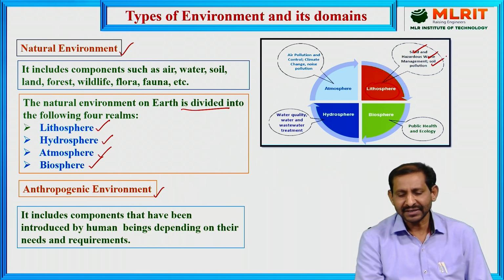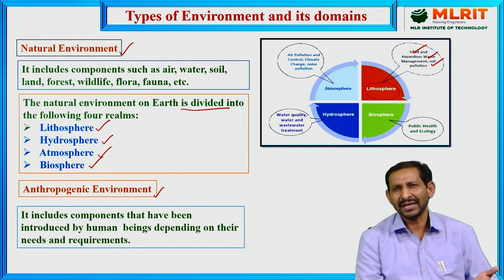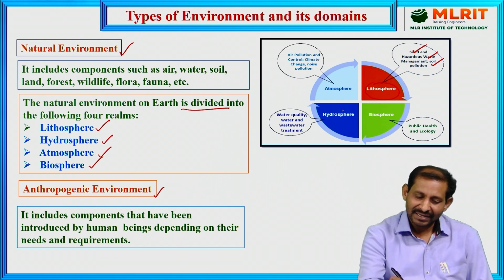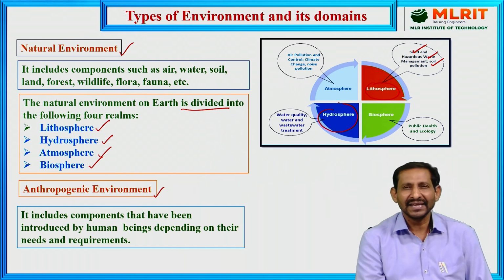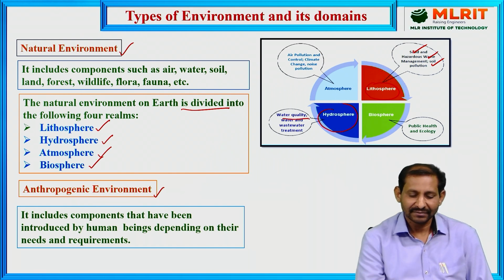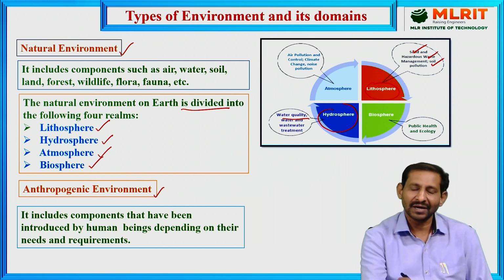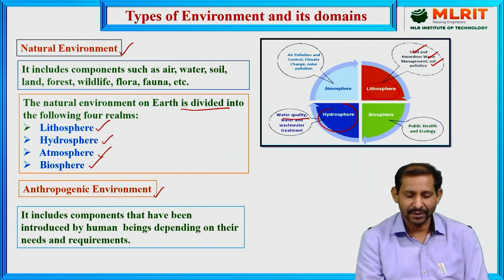When hazardous waste is dumped on the soil, a lot of soil pollution is created. The second is the hydrosphere, relating mainly to water: water quality, wastewater treatment and water pollution.